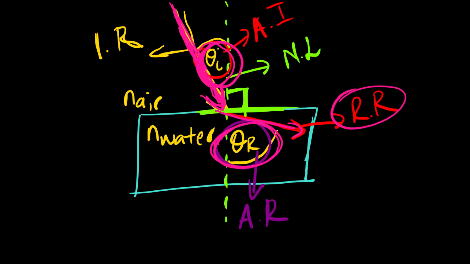I hope you understand. So it depends on which material the light travels in first, and then we look at the second one. The first one is associated with the angle of incidence and the incident ray. The second material will be associated with the refracted ray and the angle of refraction.